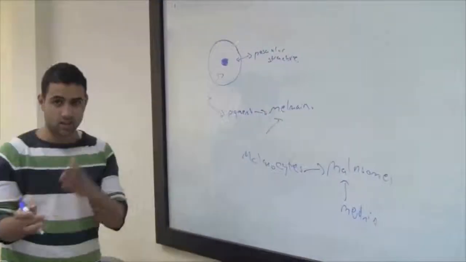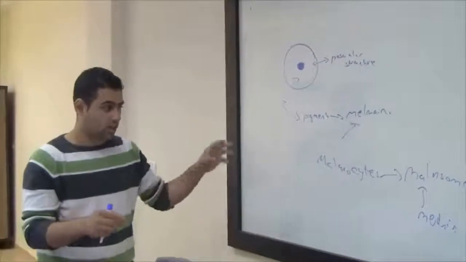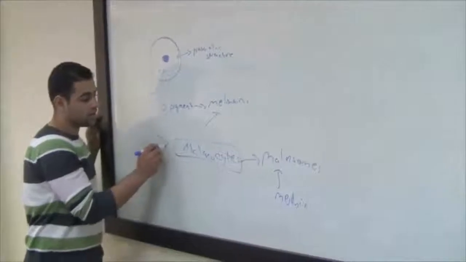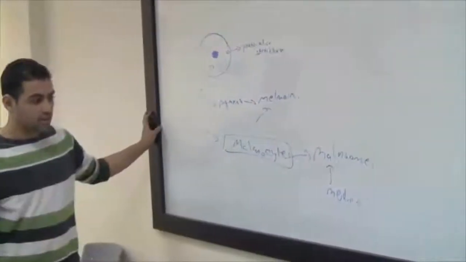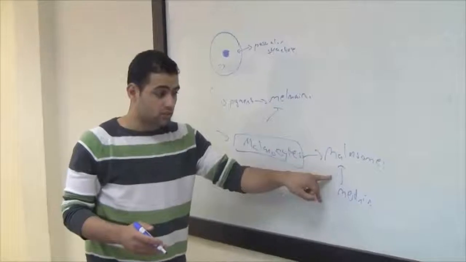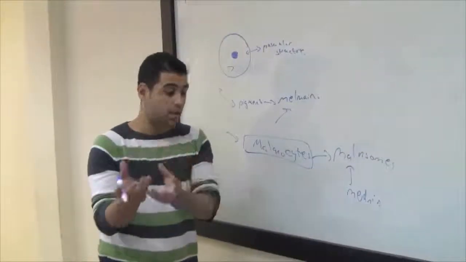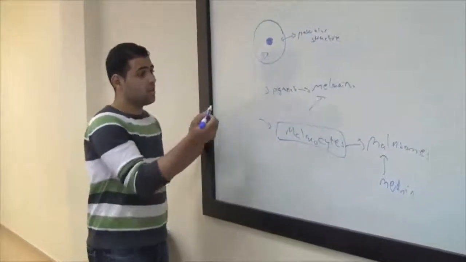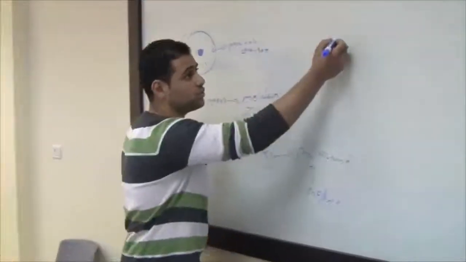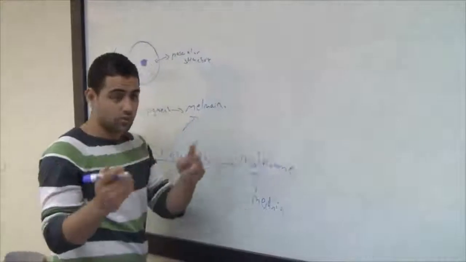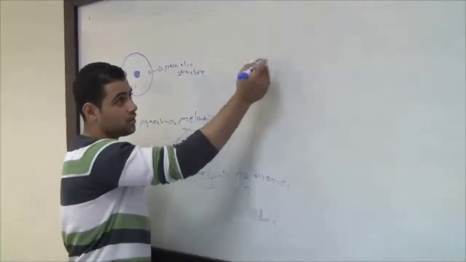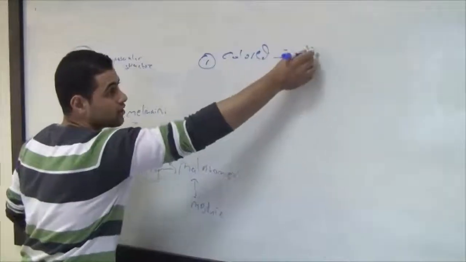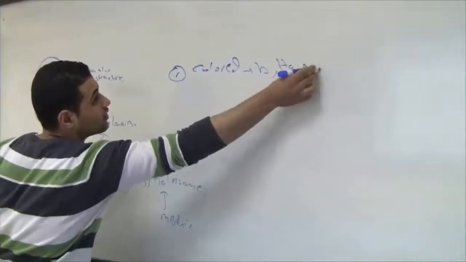The blue eyes and the brown eyes each contain the same number of melanocytes. However, what varies is the number of melanosomes and the amount of melanin inside the melanosomes. They divided the eyes into two groups. One is colored: we have the brown, the hazel, and the green, and other colors.